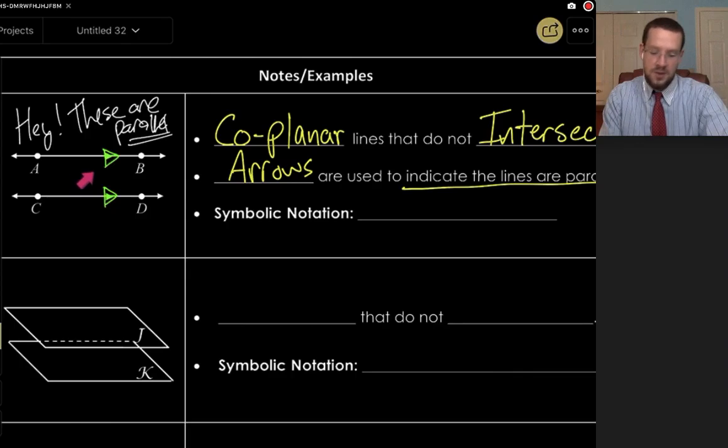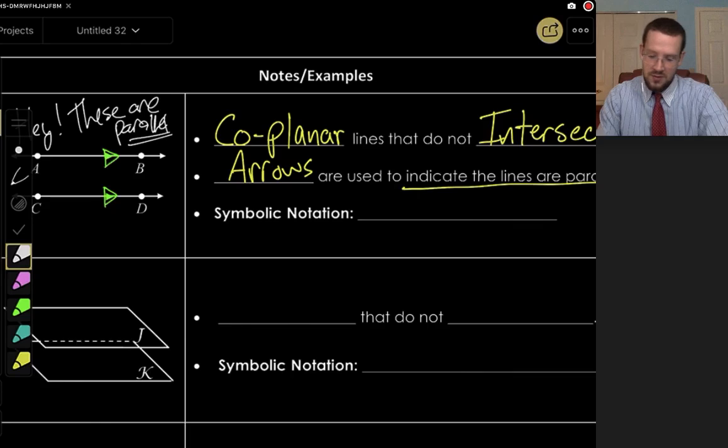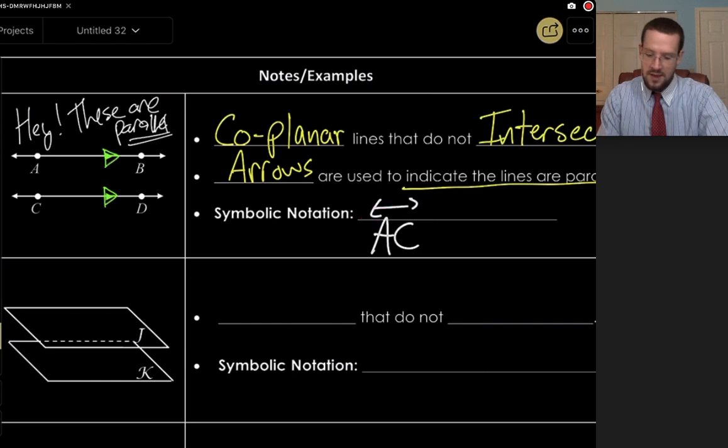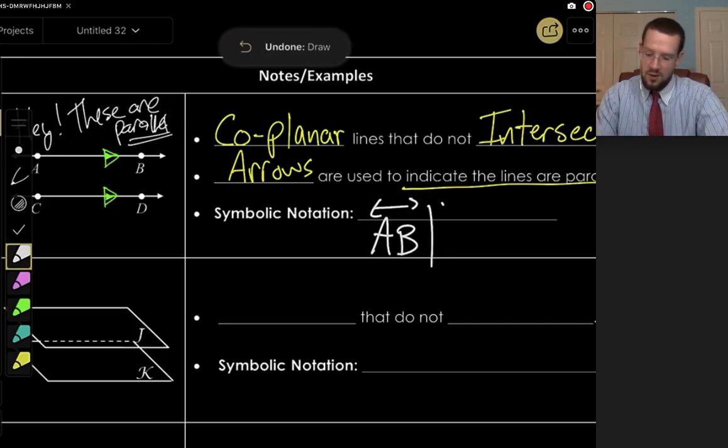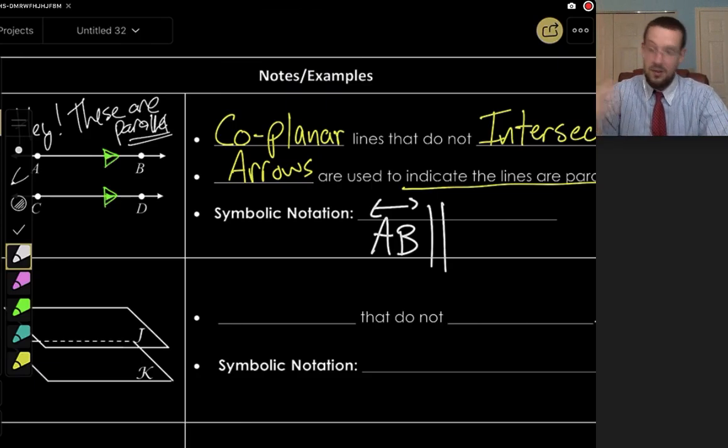And the notation that we would write, how we would say that these two lines are parallel, is we would say the line AB, so remember the line, not AC, AB is parallel to two large strokes. So just two vertical parallel lines beside each other.